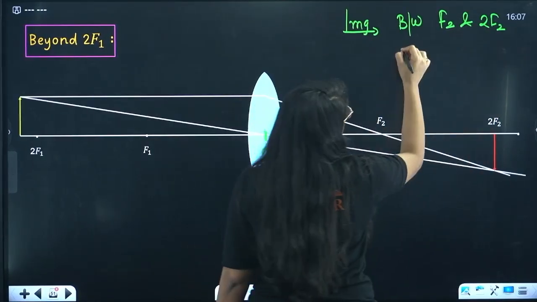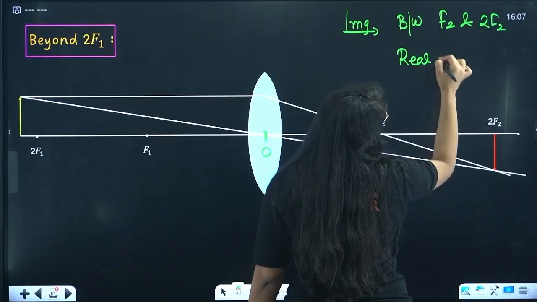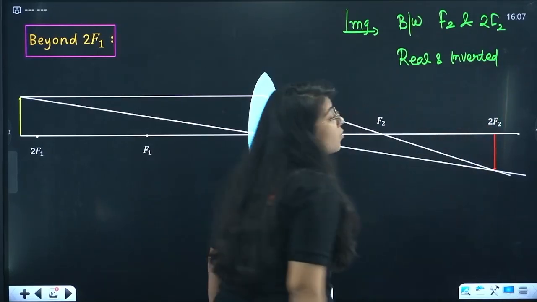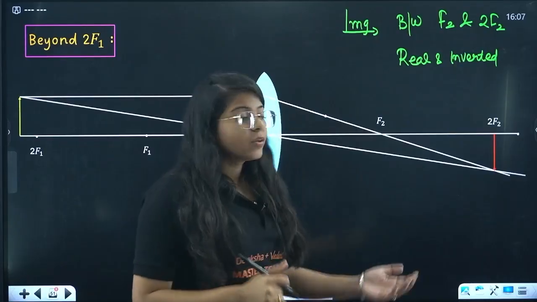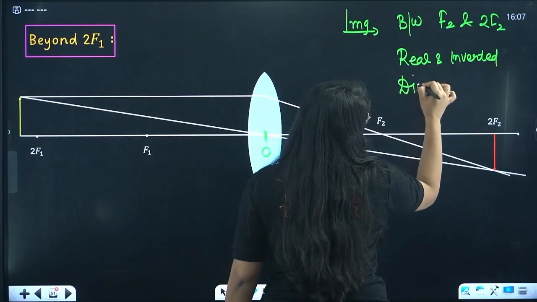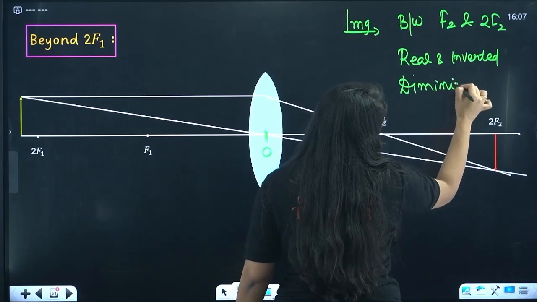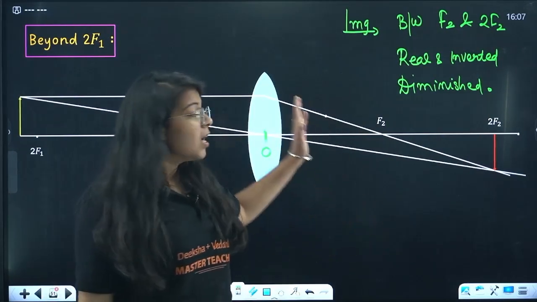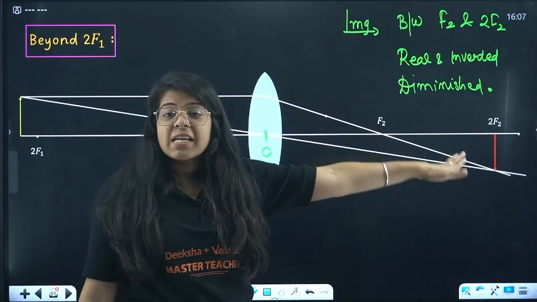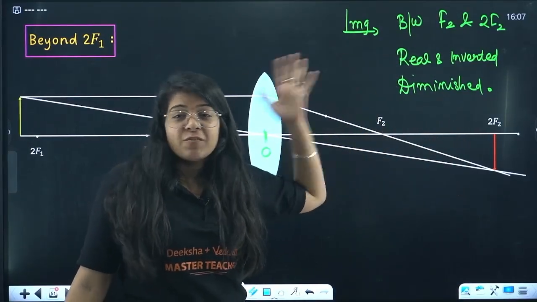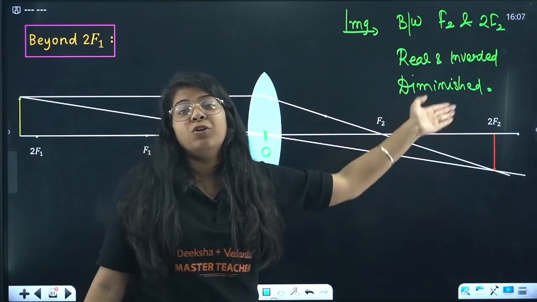Real rays are meeting, so it will be real and inverted. And similar to there, the image was a little bit smaller, so here also the image will be diminished. Exactly similar to the concave mirror. Just it is forming on the different side, and instead of C, we are using 2F, and instead of simply F, we are using F2 and 2F2.